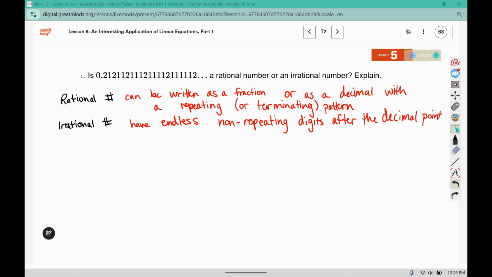So in this specific example, we have 21211, 2111. And so even though there's a pattern there, it's not repeating. Repeating would be like 21, 21, 21, 21. And so this is considered an irrational number.